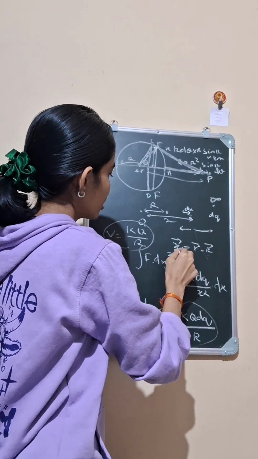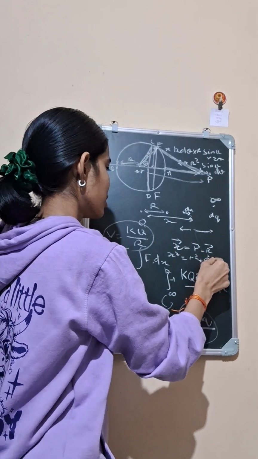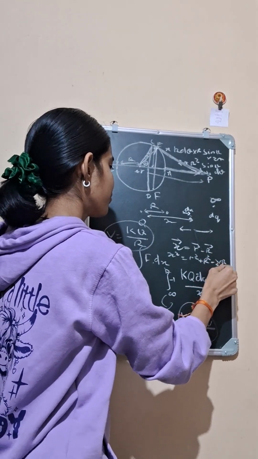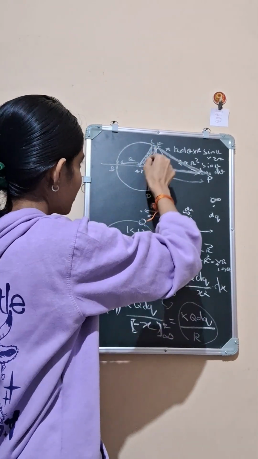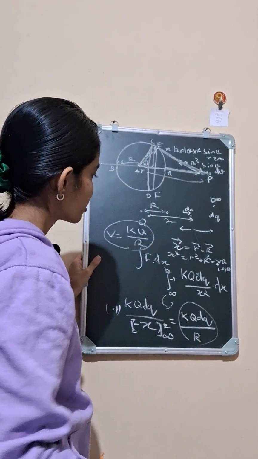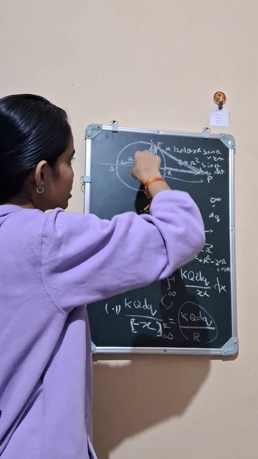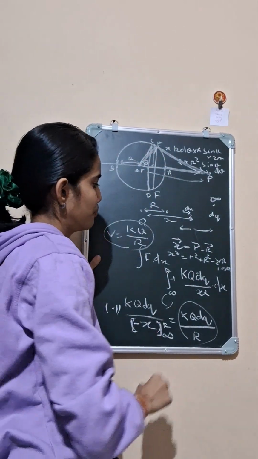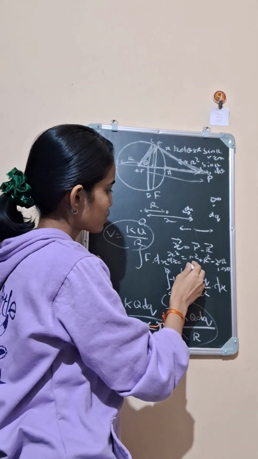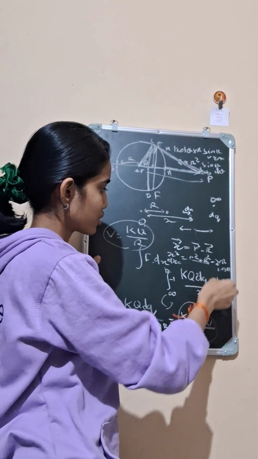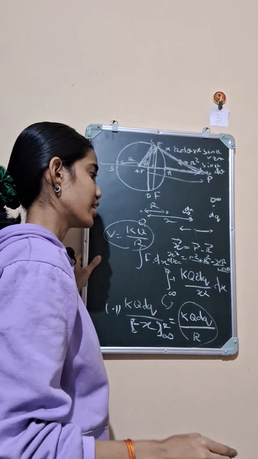So we will get x square equals r square plus capital R square minus 2rR cos theta, because the angle between capital R and small r is theta, because this is the radius of the sphere and is equal to R. So now we can get that 2x dx will be equal to, differentiating both sides, these are constants, so it will be equal to 0, plus 2rR sin theta d theta.